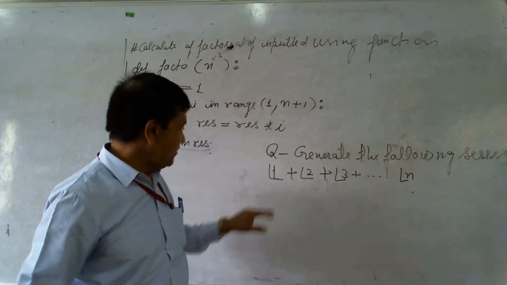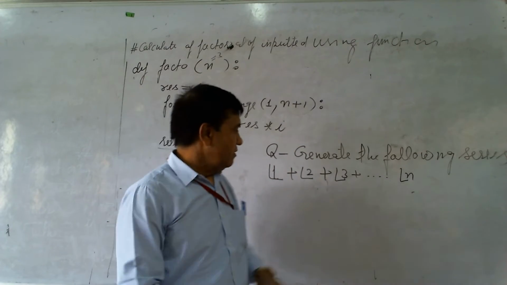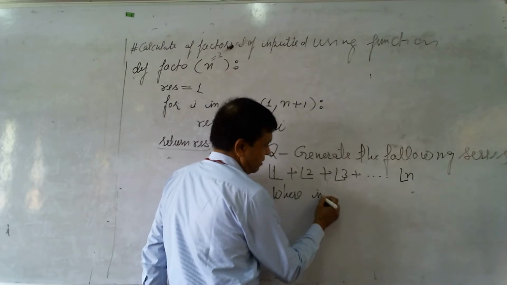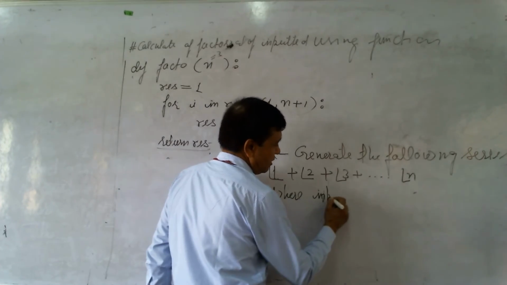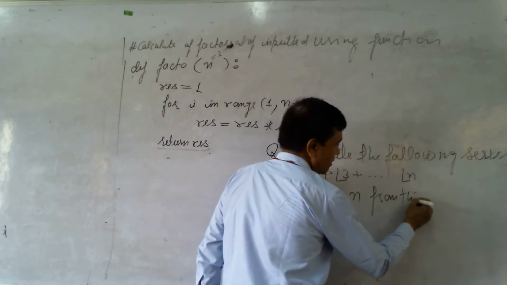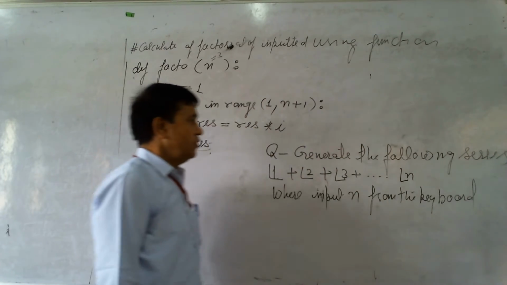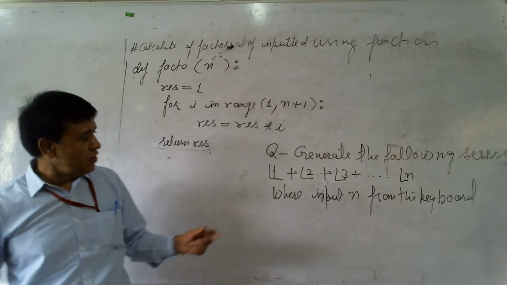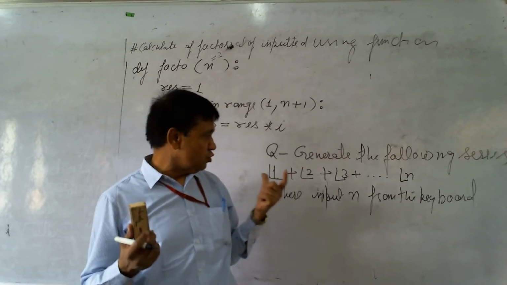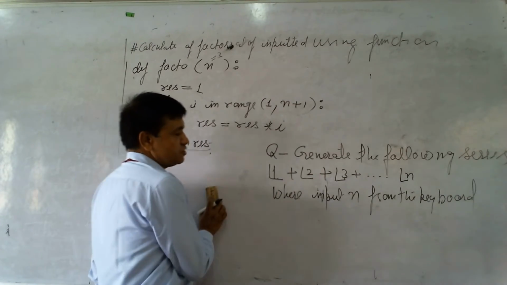So it means we have to generate the sum of the factorials of all the numbers, where we input n from the keyboard. In this case, we'll call the function repetitively to calculate the factorial of 1, 2, 3. So now I will discuss this program.